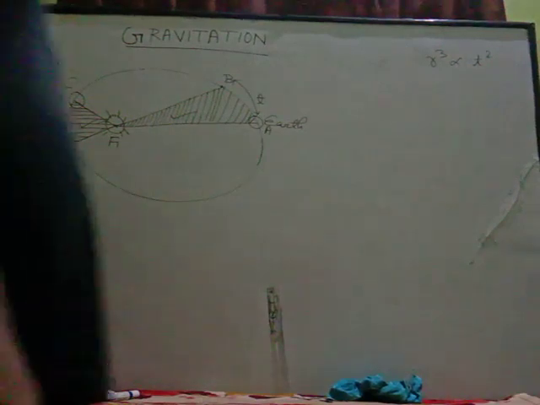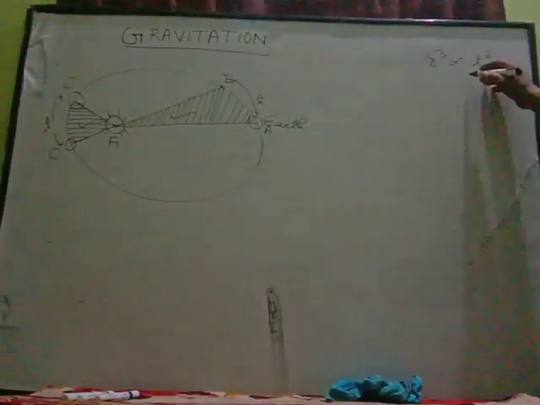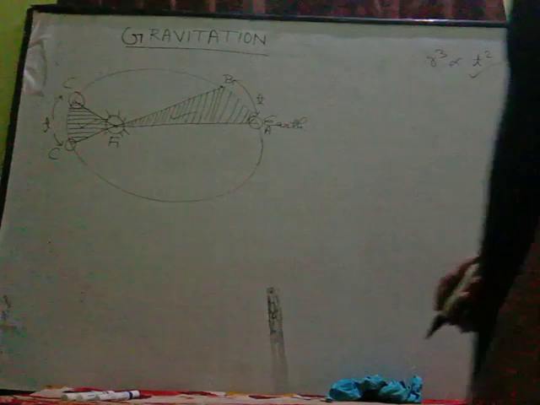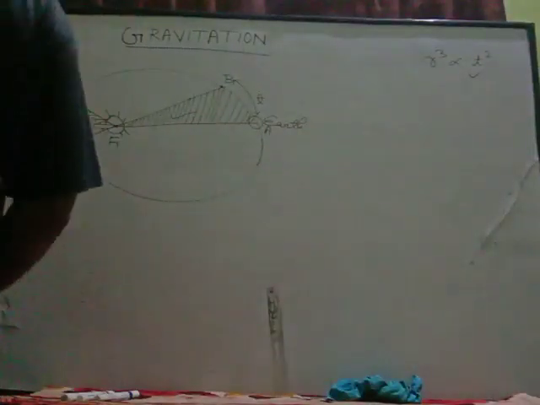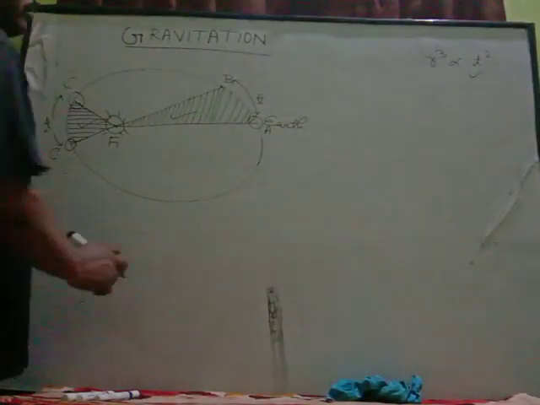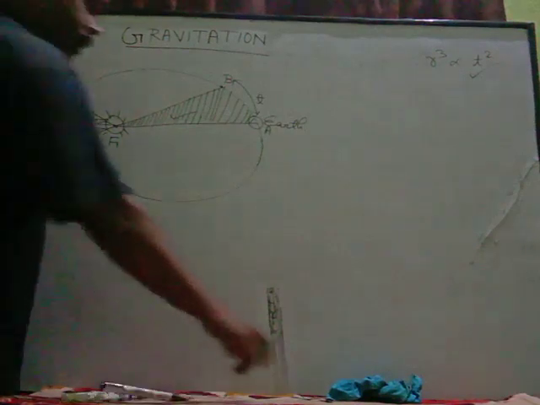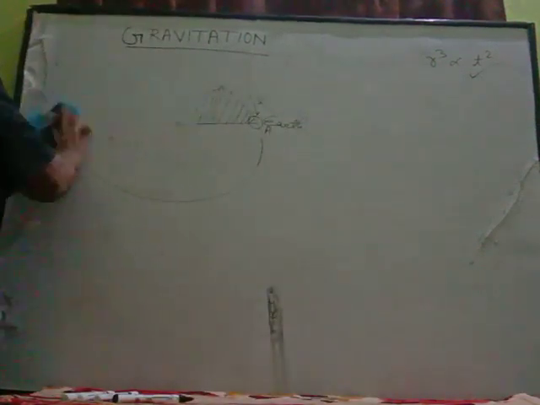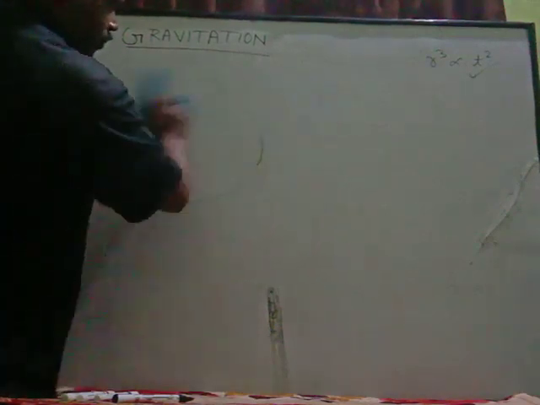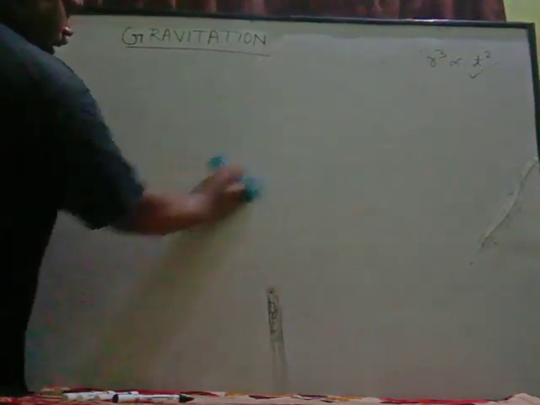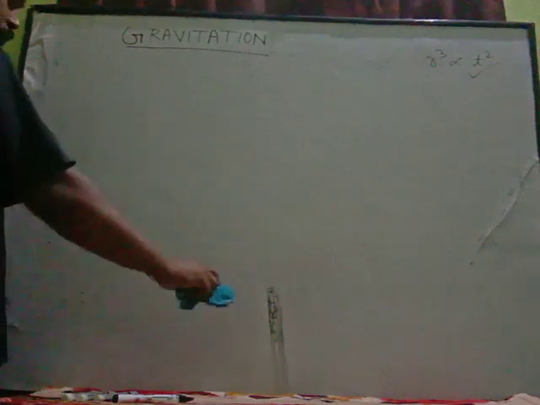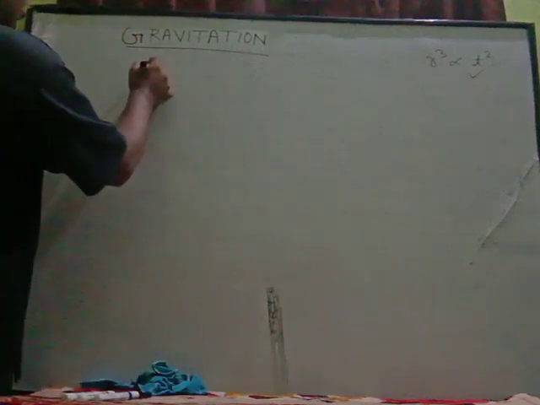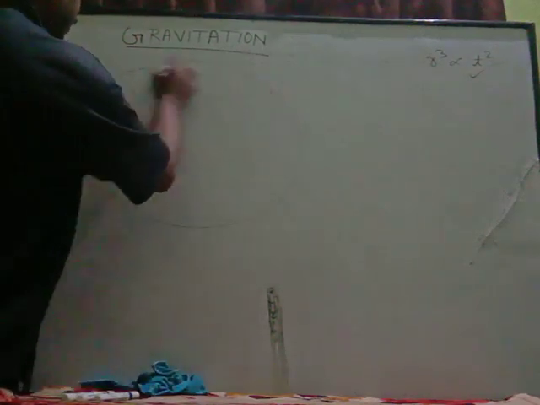Third law is here. See, this is the third law. R cube is directly proportional to T square. What is this?